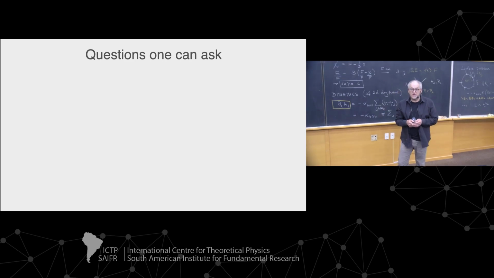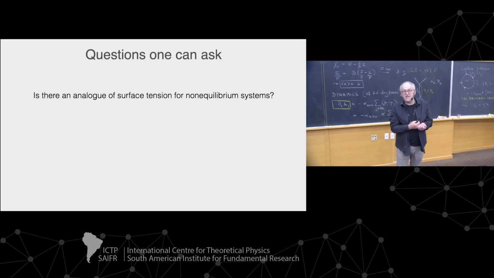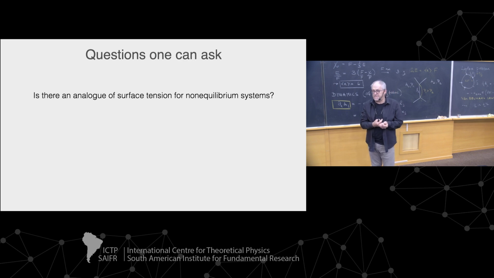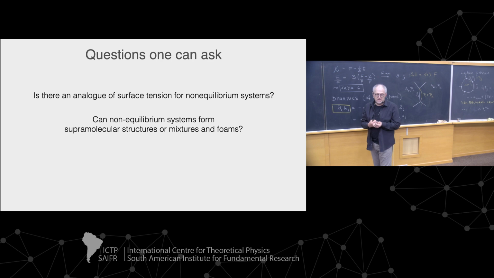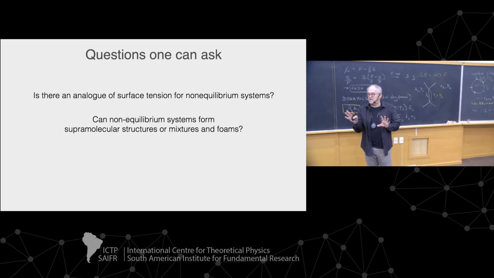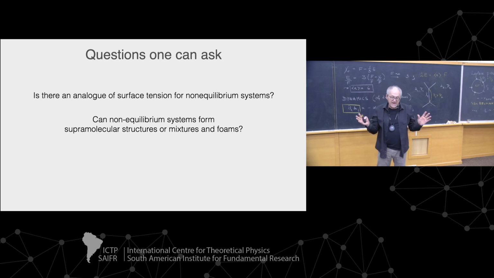and like to study with you in the remainder of my talk. So the questions you can ask now: is there an analog of surface tension in a non-equilibrium system, and what would it be? Can non-equilibrium systems form supramolecular structures, like the micelle, these mixtures or foams or even bilayers?